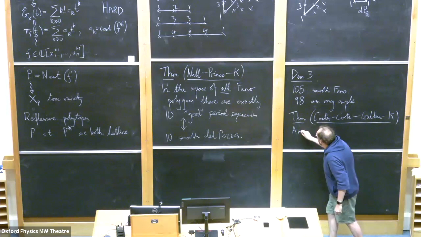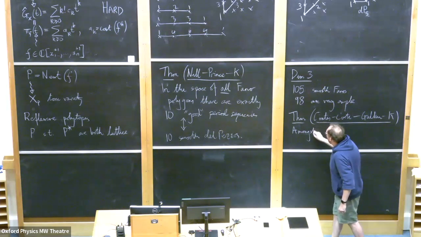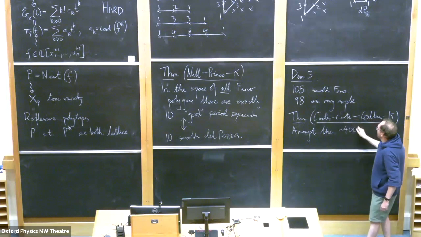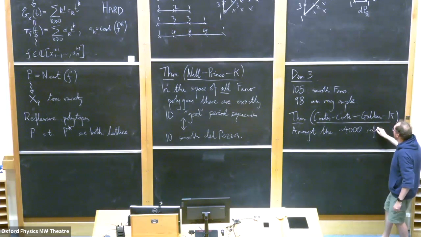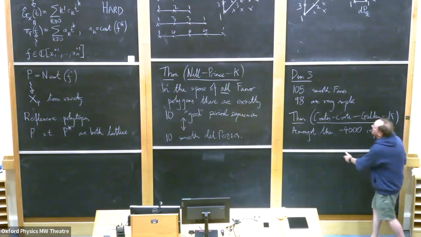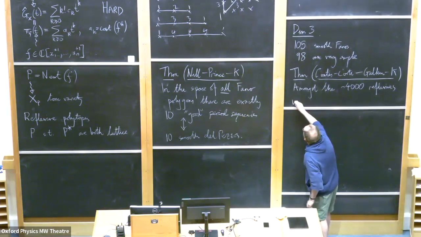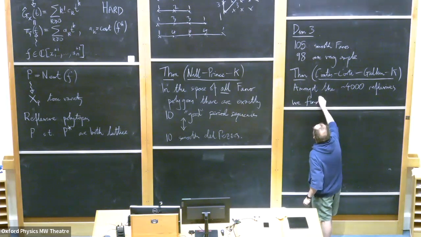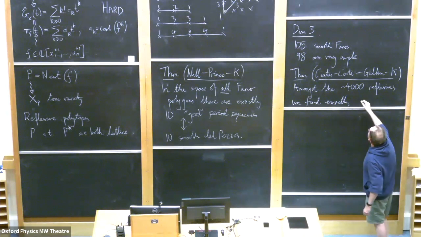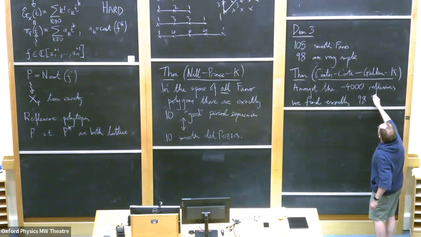But amongst the approximately 4,000 reflexive polytopes, we find exactly 98 good periods.